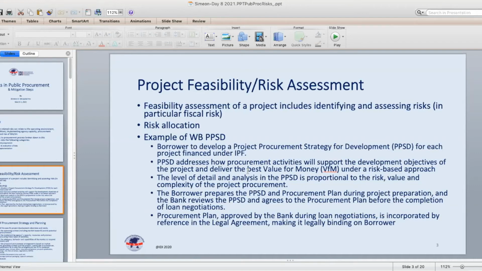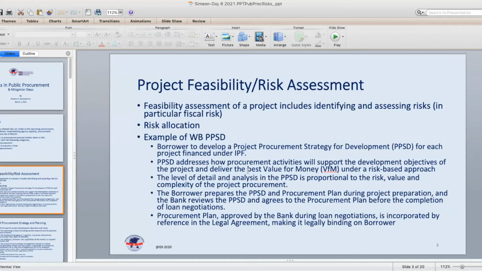Well, as we said in that discussion, to one extent or another, project management risks can be traced to risks and problems in the planning and preparation of procurement, and even more broadly in the identification, appraisal, and design of the projects in which procurement is but one part, although a critical part, obviously.